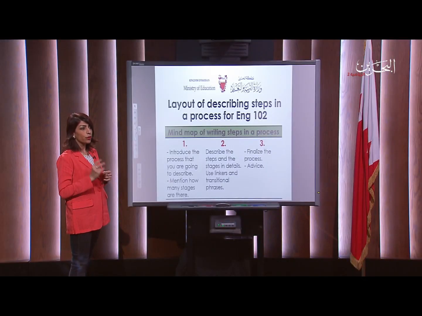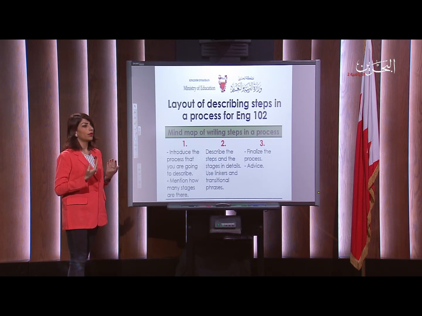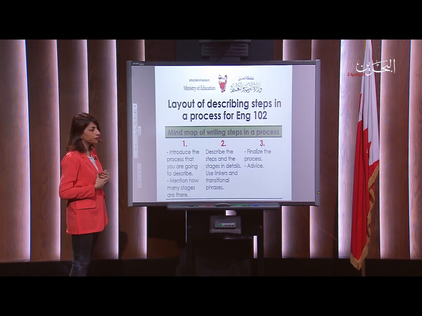Here, you have to tell me exactly what you are going to do in order to accomplish this step. In this paragraph, we have to put in mind that using linkers as well as transitional phrases is a must. You have to use both of them in order to show the reader or the listener that you are telling him what exactly to do.